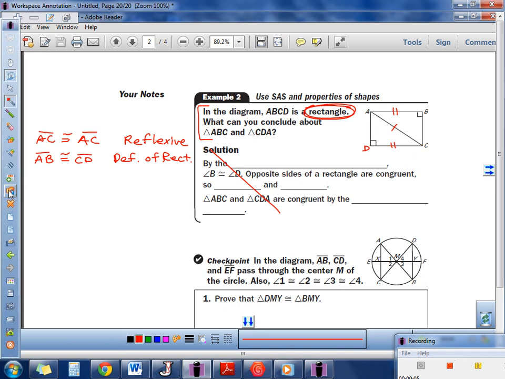So, here's that common one that people miss, and I'm going to emphasize it again. Write this note to yourself: if you see a right triangle, think about HL.